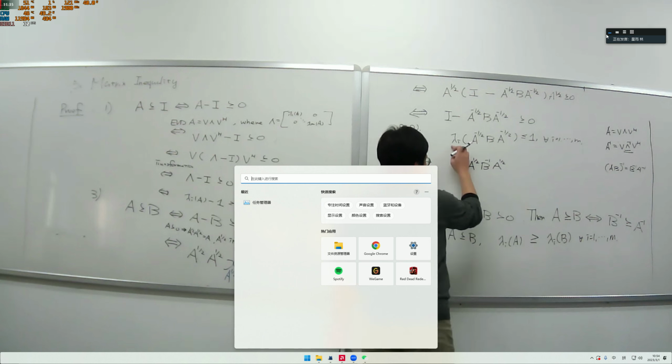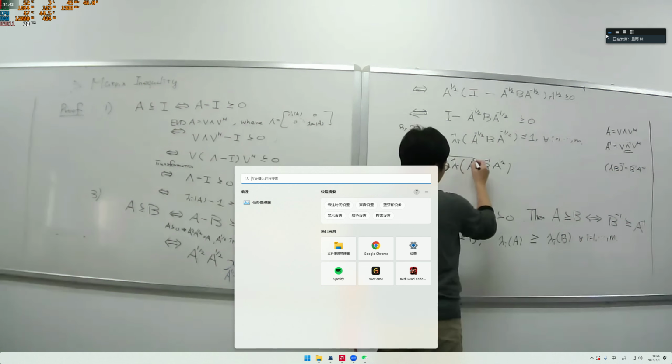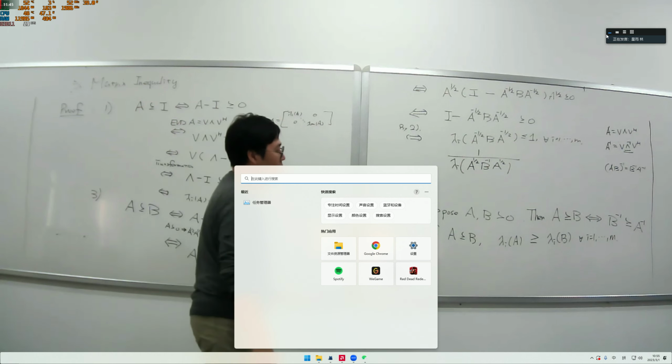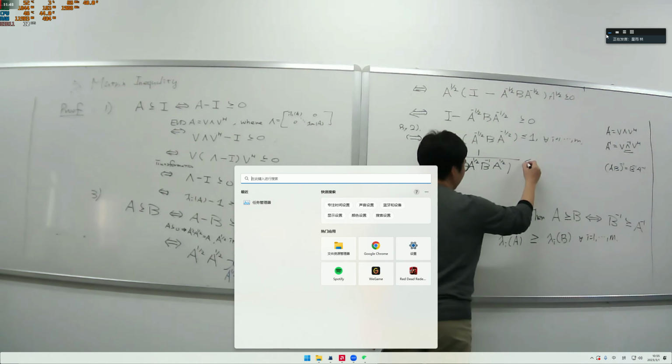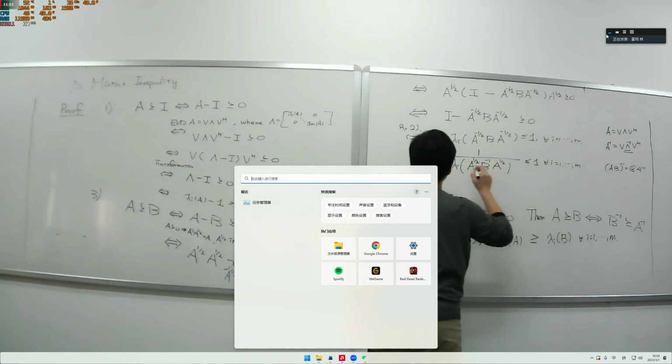So these eigenvalues we can write as the eigenvalues of the inverse matrix, less than 1 for all i from 1 to m.